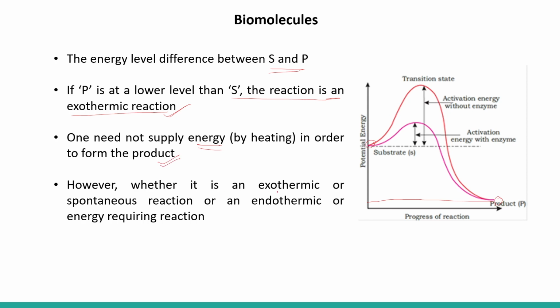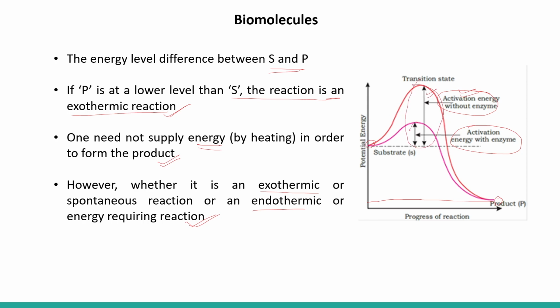Whether it is an exothermic or spontaneous reaction, or an endothermic or energy-requiring reaction, here we can see the activation energy for the enzyme-catalyzed reaction and the activation energy without enzyme. This particular stage is called the transient state.